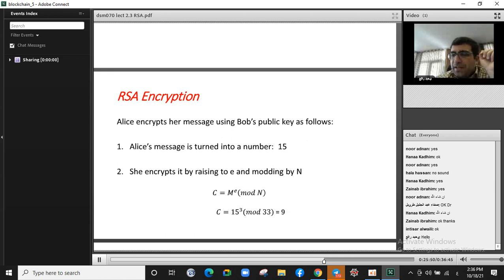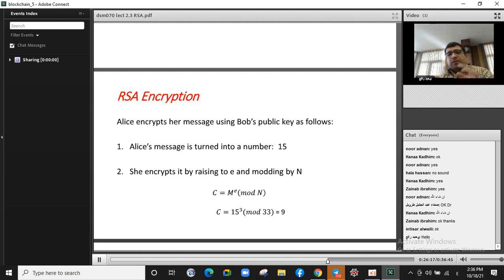C equals M to the power of E mod N. We use this formula to encrypt the message. So in this case, 15 to the power of 3 mod 33, because N in this case, as I said, is 33. 15 cubed mod 33 is 9. So the cipher text or the encrypted message is 9.